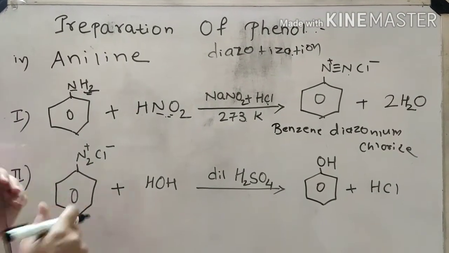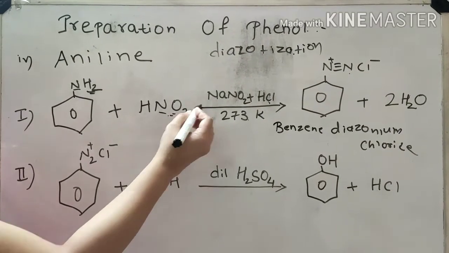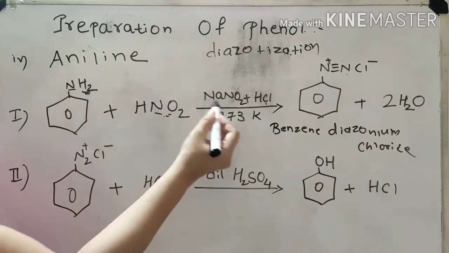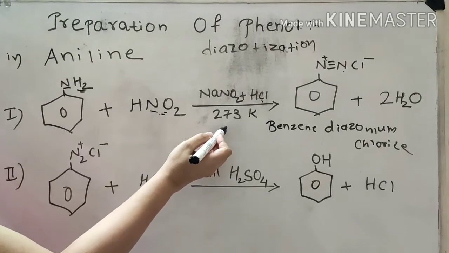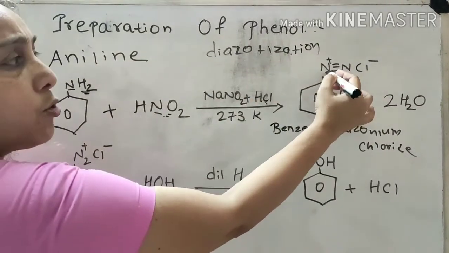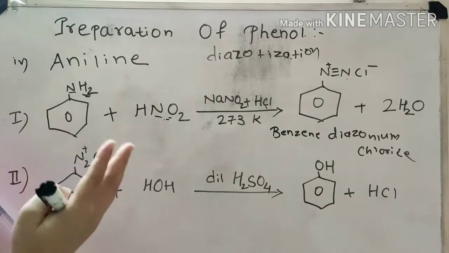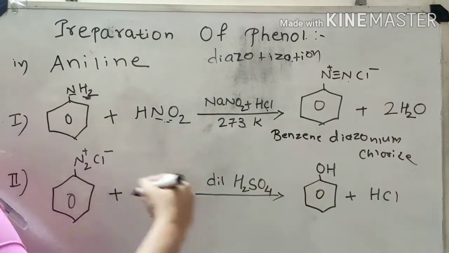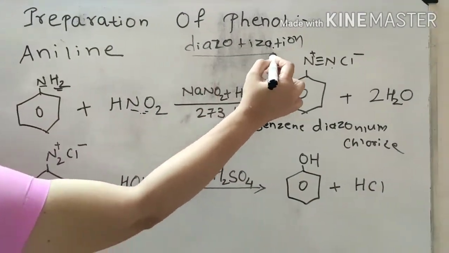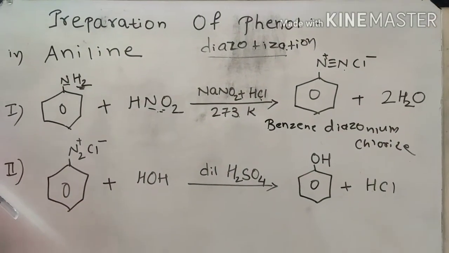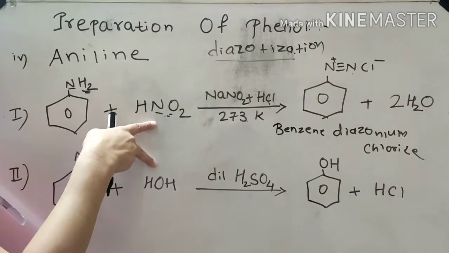When it reacts with nitrous acid, in presence of NaNO2 and HCl in cold conditions, it forms nitrogen two times, that is known as a diazo. So this process is known as diazotization. It has a two-step preparation method.